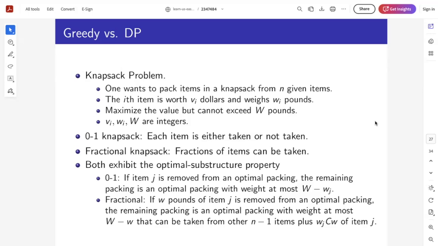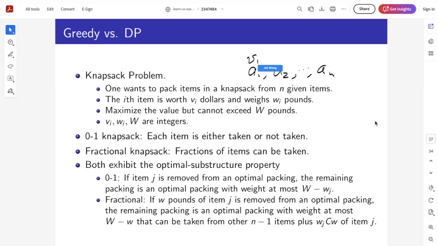Okay, in particular, let's say we have n items. Let's call them A1, A2, up to AN. And the i-th item has a value.